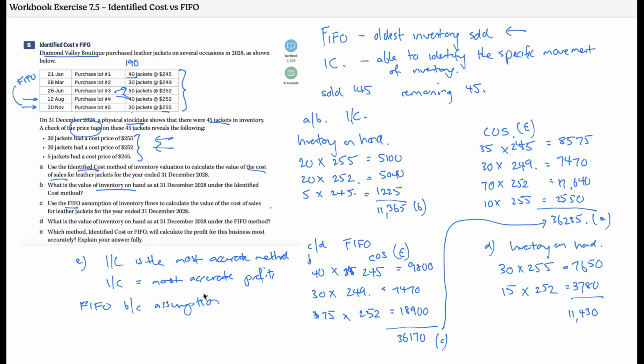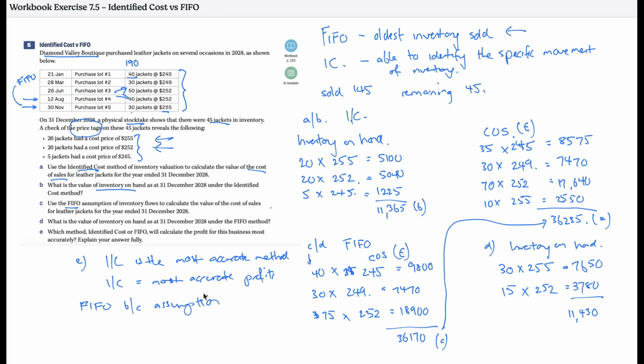In some cases, it is the only valuation method that is possible, whether because of cost or time, or maybe it's just physically impossible to identify which good is leaving your business. Think of a tank of petrol. You don't know which litre of petrol is being taken out. So hence it is acceptable. It is an assumption. It will lead to less accurate profit figures, but still valid profit figures.